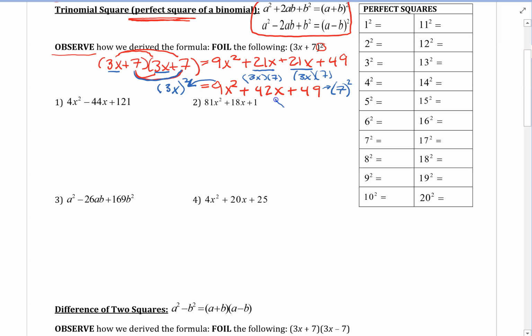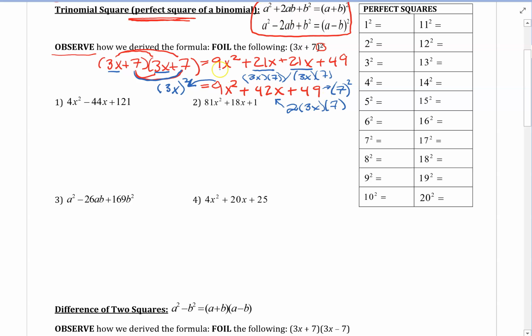And then the 42x came from adding together these two identical middle terms of 3x times 7. So time and time again, after FOILing these binomials, a pattern began to emerge, which gave rise to these formulas.